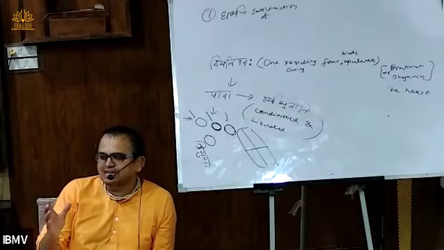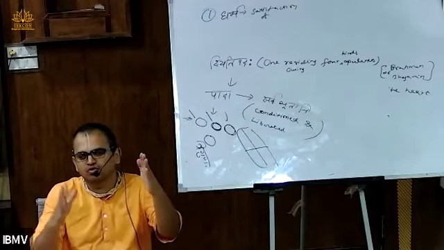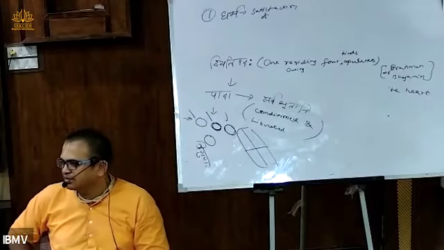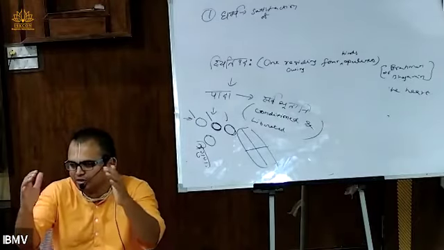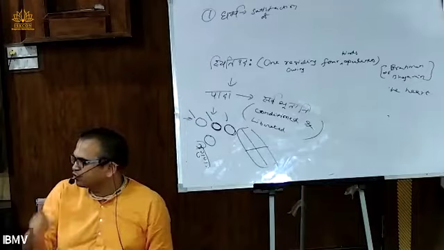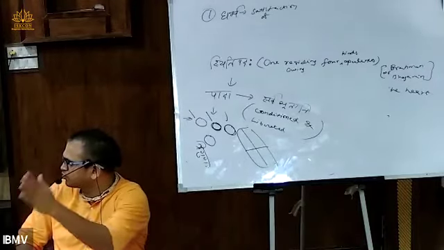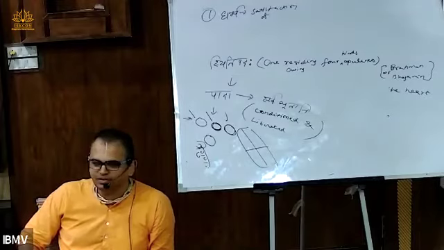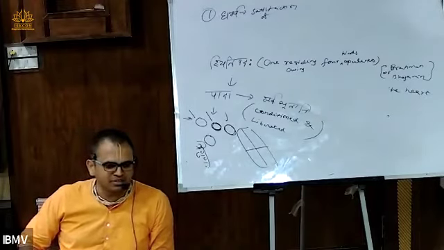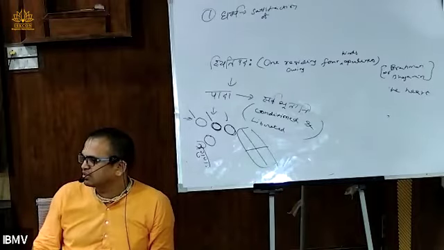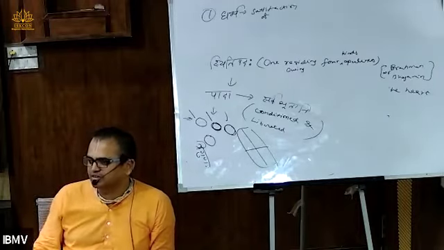When can you say something is one-fourth, two-fourths, three-fourths, or complete? If that total is limited. If the total is infinite, unlimited, can you say it is one-fourth, two-fourths, three-fourths? Can anyone say this, a mathematician? That's why the Lord's energies are infinite, unlimited.